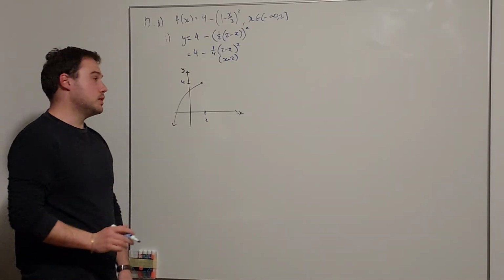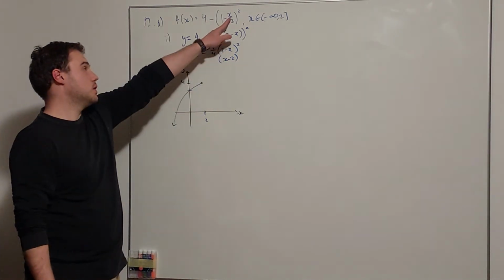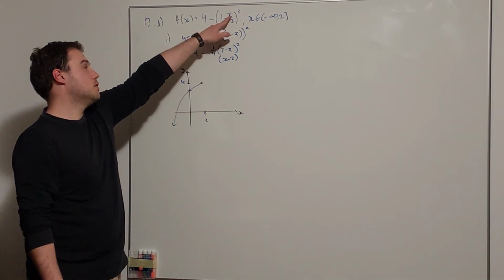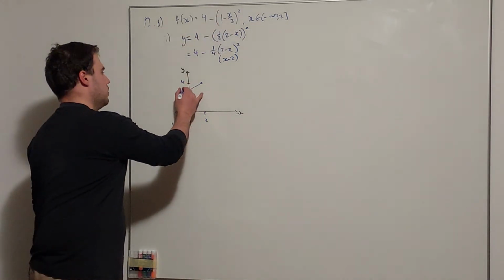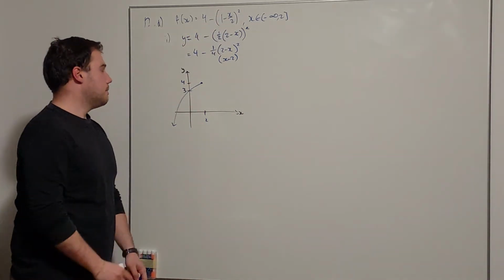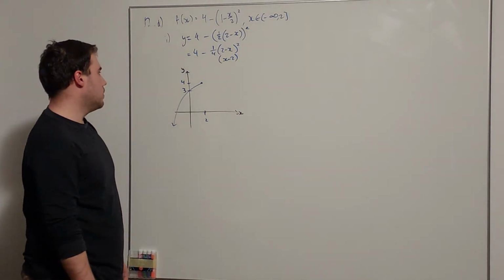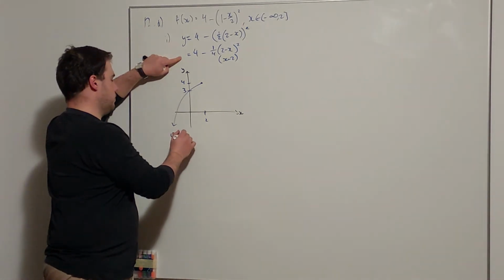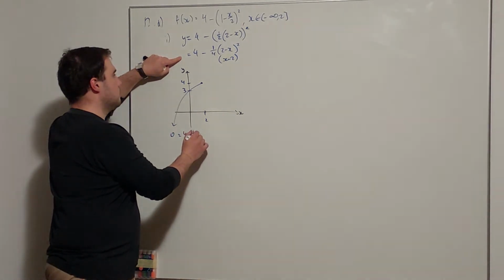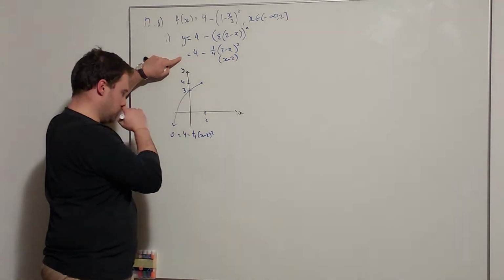Then we're asked for the x and the y intercepts. If we sub x equals 0 in, we get 1 minus 0 is 1, 1 squared is 1, and 4 minus 1 is 3. And then we solve when this is 0, so 0 equals 4 minus a quarter x minus 2 all squared.